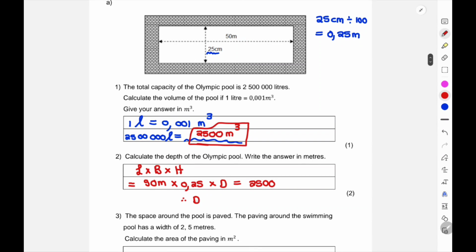So thus the depth will be 2,500 divided by 50 divided by 0.25, which gives you 200. Sure, can it be? Let me just do that again. 2,500 divided by 50 divided by 0.25, which gives you 200 meters.